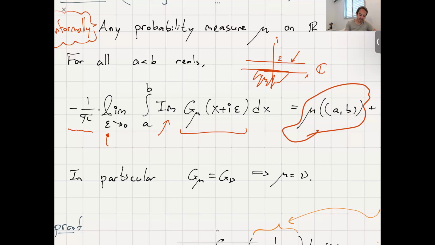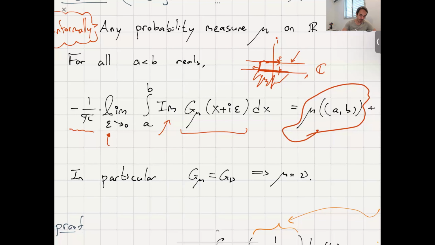So in a sense, I'm taking a point here, between maybe A and B. So A and B are here. This is A plus i epsilon and so forth, from A to B. I'm integrating this function, G mu, at that point, on that line.